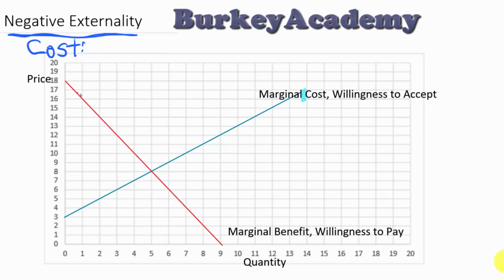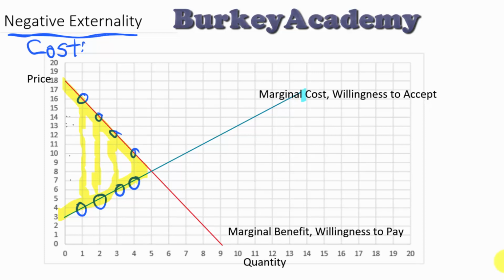And total surplus is just the difference between the demand, which tells the value for each unit that's being produced, and the supply, which is the cost of producing each unit. And the total surplus is just the sum of all of those differences: value minus cost, value minus cost, value minus cost, value minus cost.